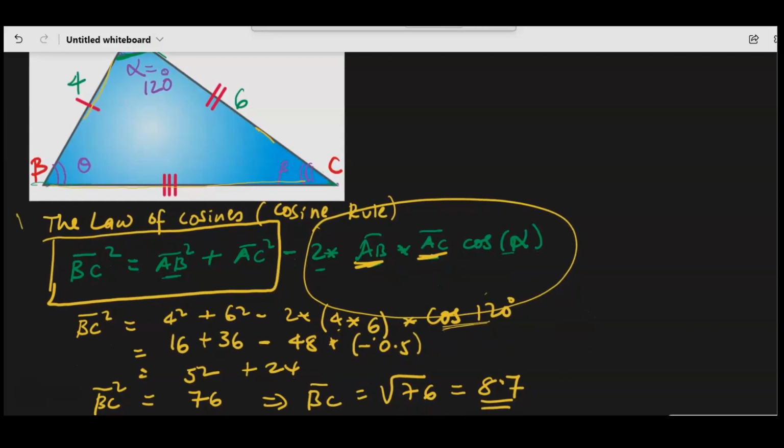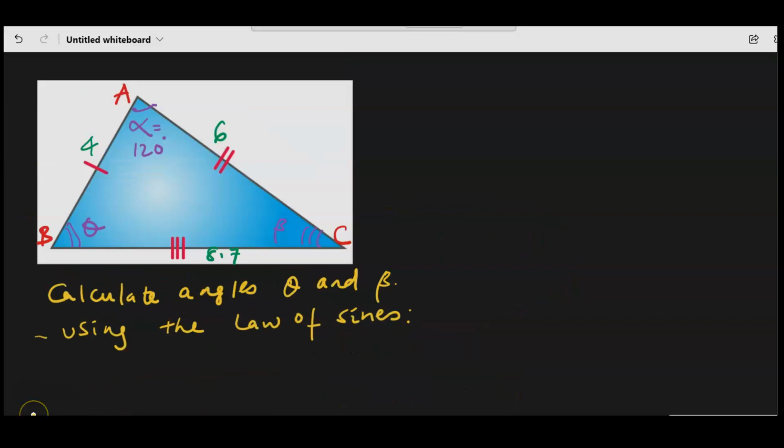Alright, this is the cosine law. How do we calculate the other angles theta and beta? In this case, we're going to use the law of sines to calculate angle theta and beta.